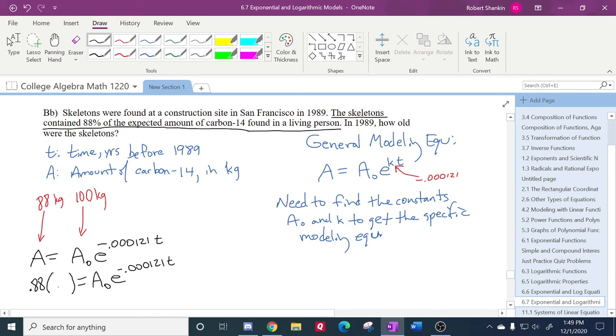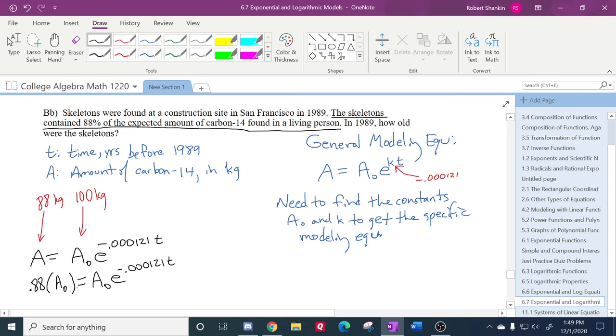But what are we calling it? Just the expected amount of carbon. So A sub 0. A sub 0 is the amount at time 0, or the original amount. And when t is 0, this part becomes 1, so A equals A0 in that case.